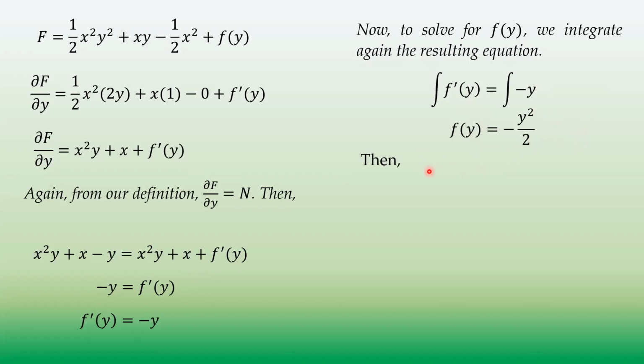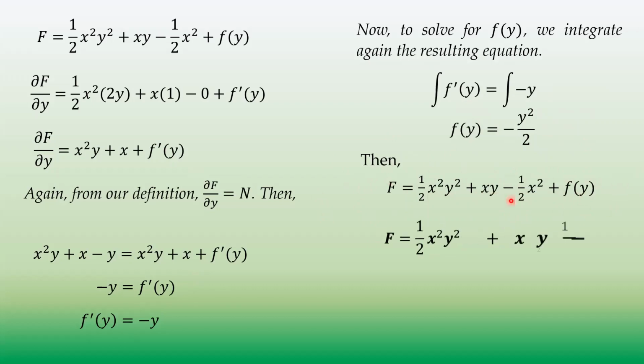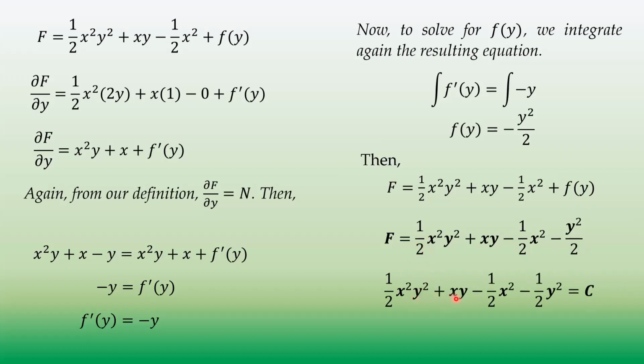Then, f equals 1/2 x squared y squared plus xy minus 1/2 x squared plus f of y. Galing tayo kanina sa step number 2. So, we're going to replace f of y by this negative y squared over 2. So, palitan natin. Pag inayos pa natin yan, we have 1/2 x squared y squared plus xy minus 1/2 x squared minus 1/2 y squared equals c.